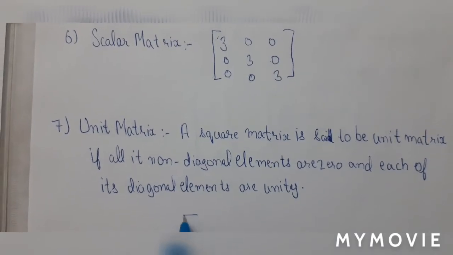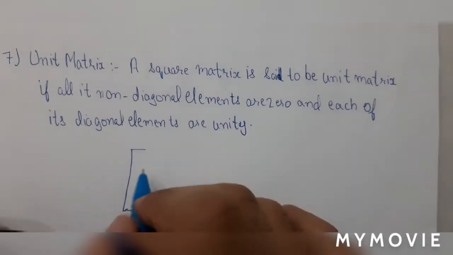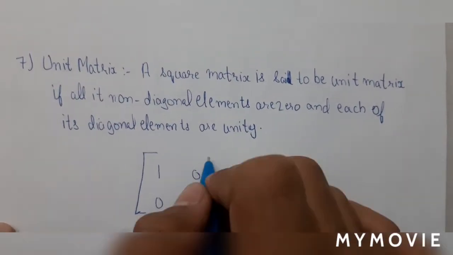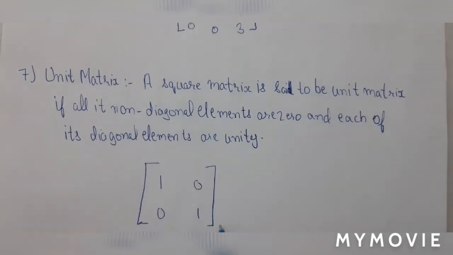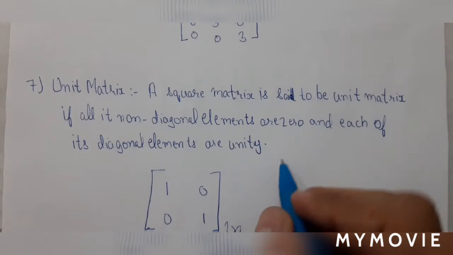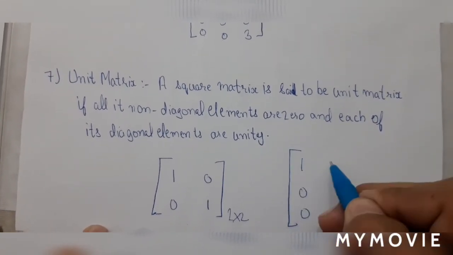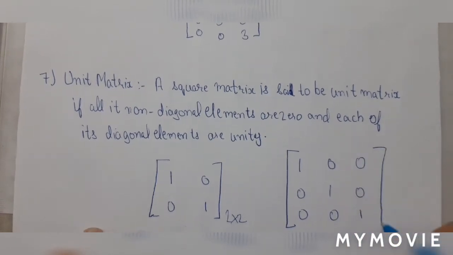Let's take an example. Let's take a 2 cross 2 matrix. So the non-diagonal should be 0 and the diagonal should be unity, meaning 1. So this is the unit matrix of 2 cross 2, and for 3 cross 3 it is 1 0 0, 0 1 0 and 0 0 1.